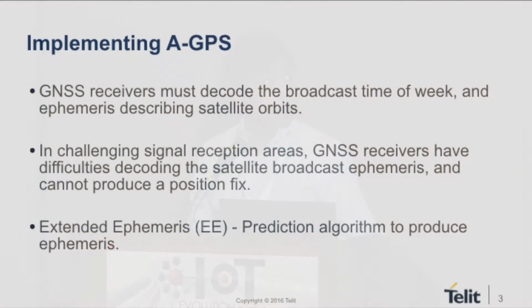If you're indoors, the signals are weaker, and even though customers are recommended to use an antenna of this size with a ground plane, most customers don't have the space, or the weight requirement will limit them from using something like this, so they use a smaller antenna with less performance. So if you bring something like that indoors, the signals are really weak, and you might not even be able to get a fix indoors.